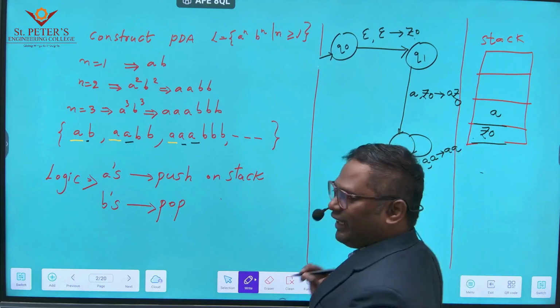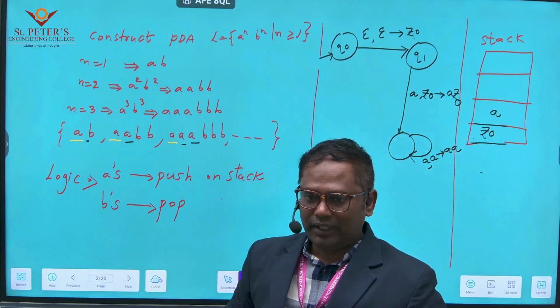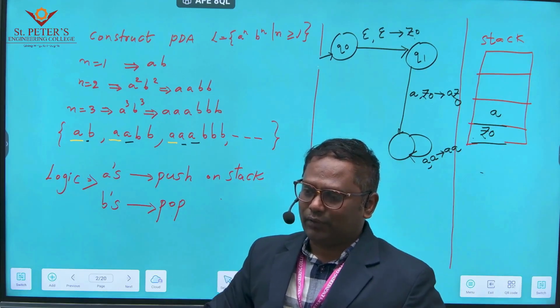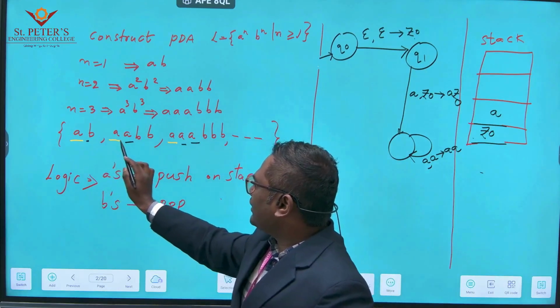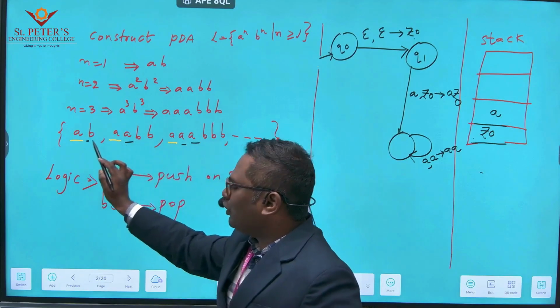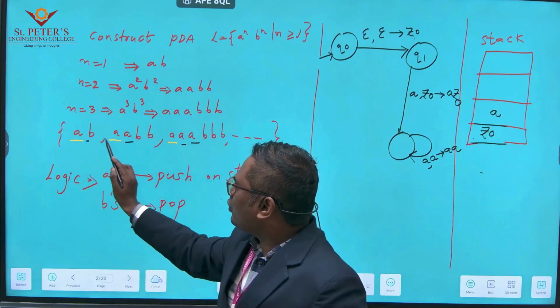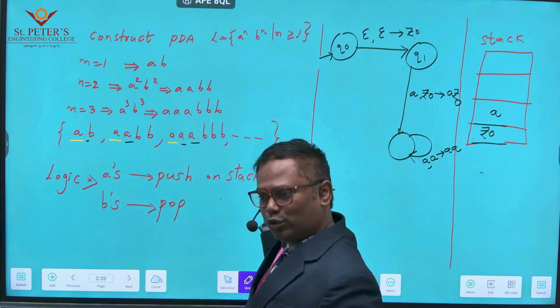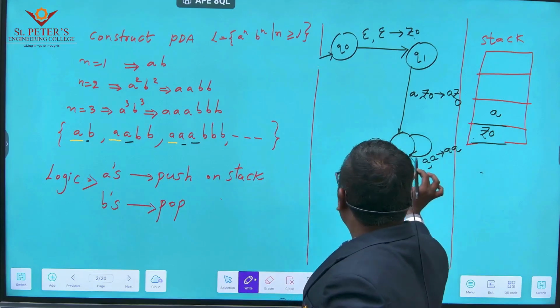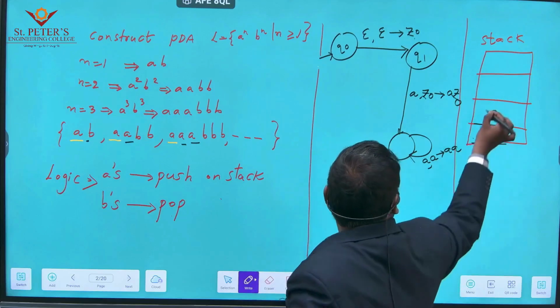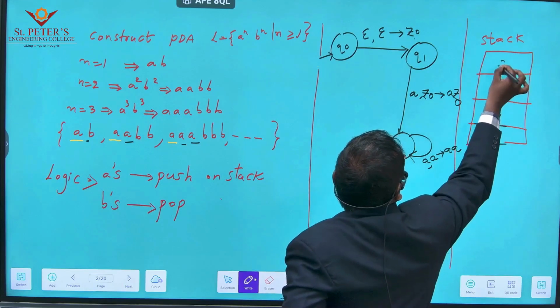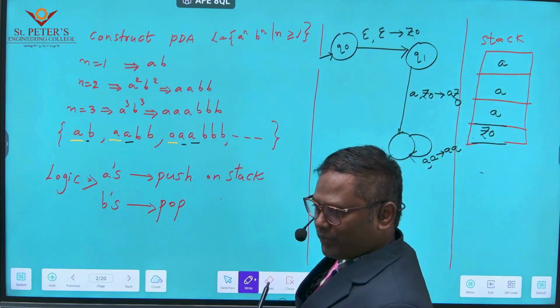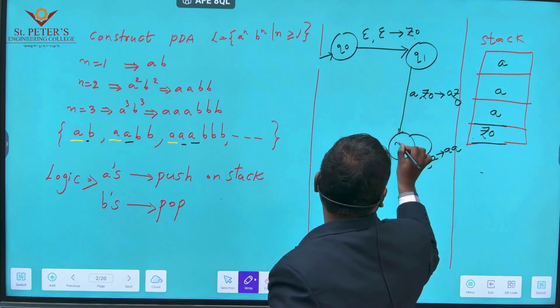I can write AA. So this is the logic involved. First, it should definitely start with A, and it can be 0 repetitions of A, 1 A, 2 A's, and so many A's. That is the reason I have written a self loop here. So definitely I am going to add those A's onto the top of stack.